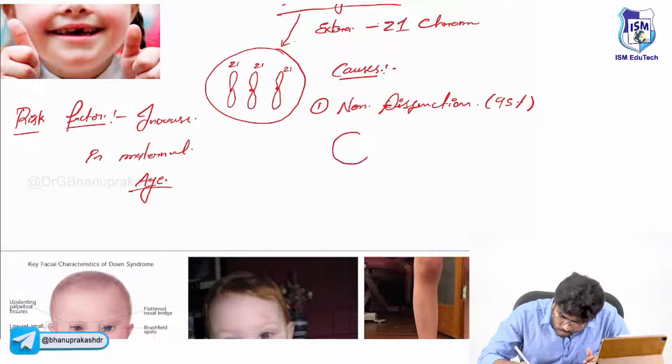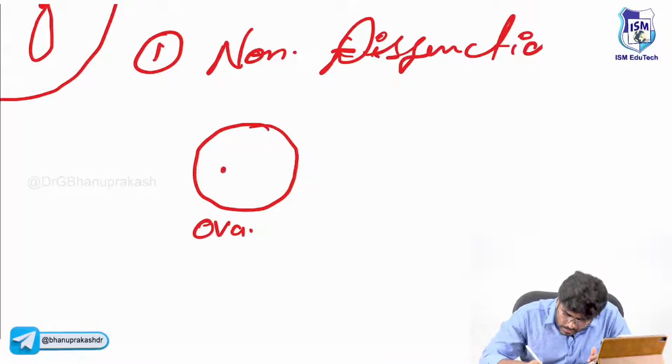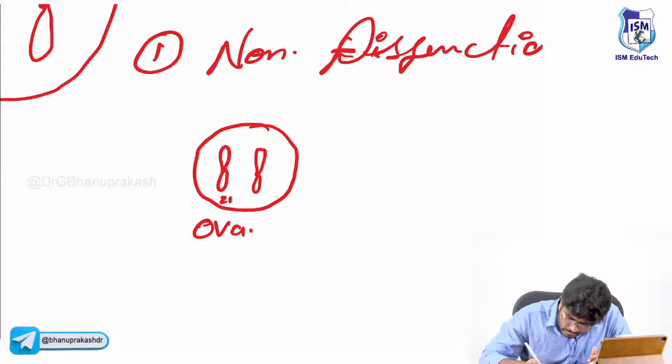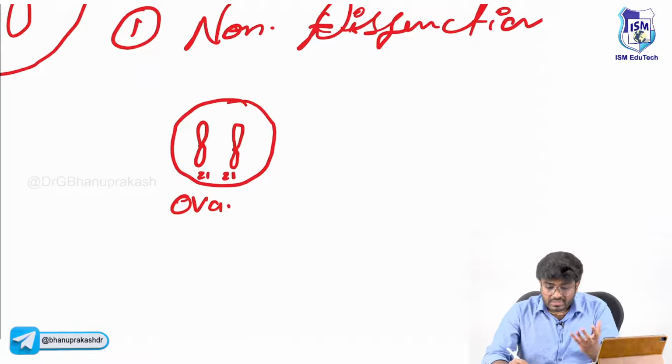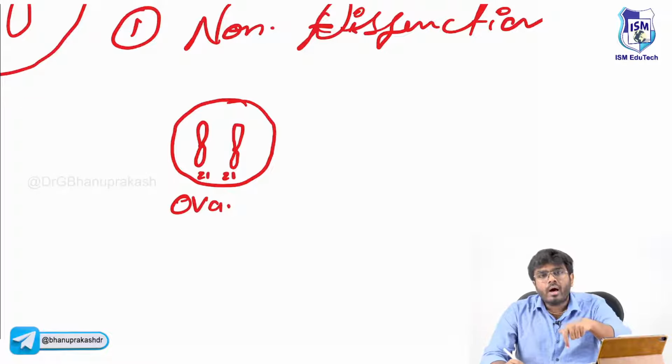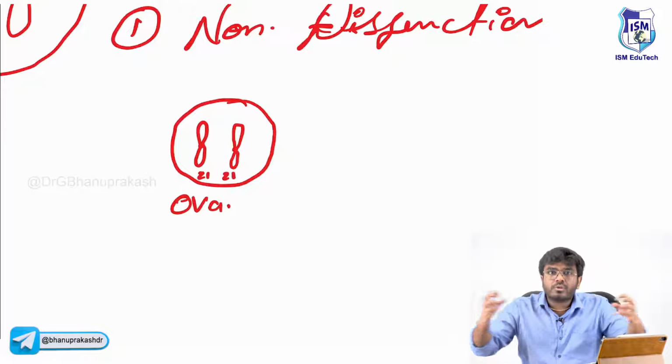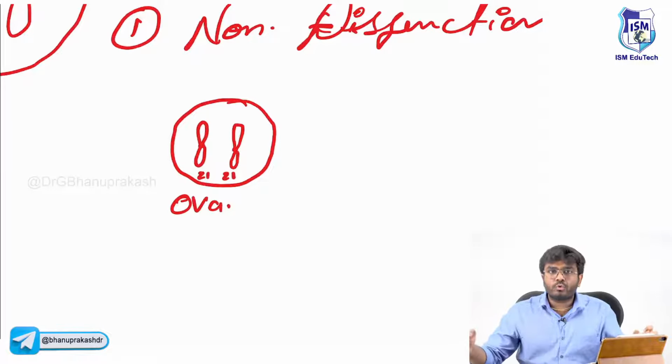Let me put it this way for your understanding. Now there is this ovum. Mother is giving the ova, and in this ova there are two 21 chromosomes. Why? Because the chromosomes are not separated, not split into two halves.